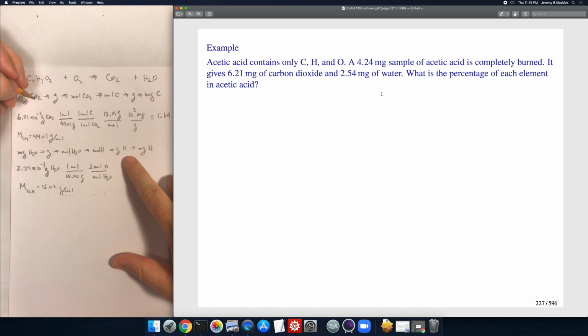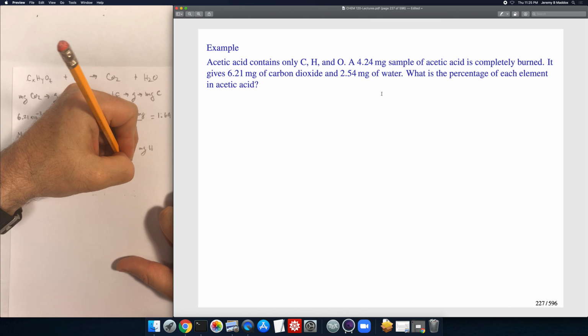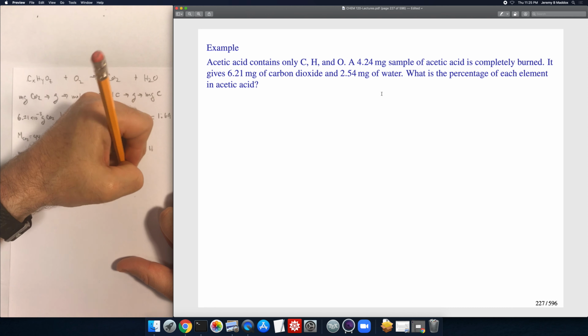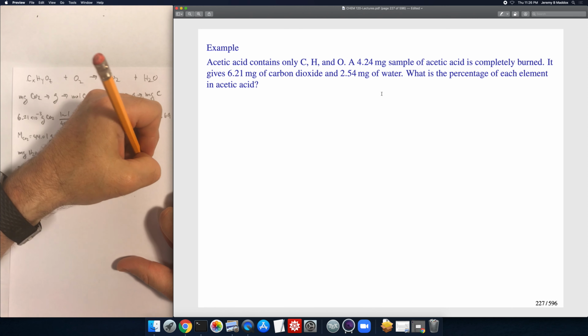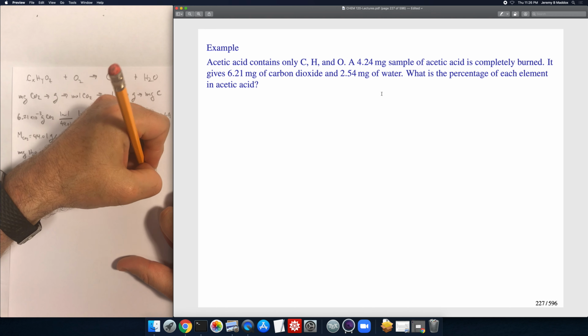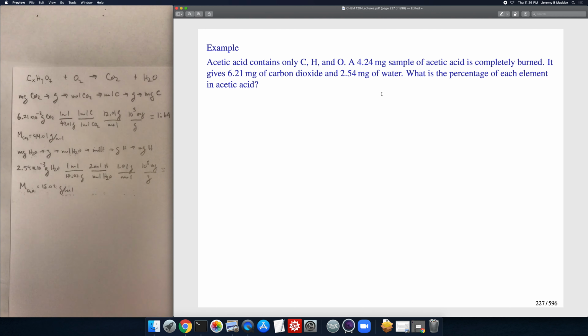Then to get the grams of hydrogen, I'm going to multiply by the atomic mass of hydrogen. And then we'll take 10 to the 3 milligrams per gram so that we'll get our answer in milligrams of hydrogen. So I'm getting 0.285.